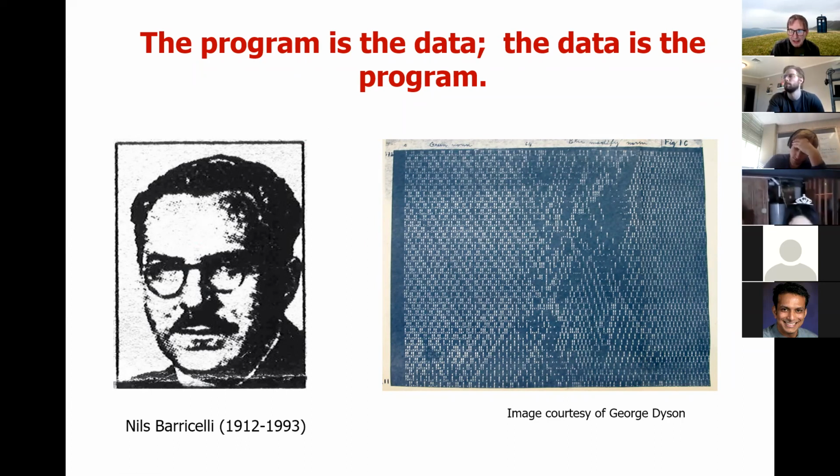He ran numerical experiments on these very simple prototype computers. It's inscrutable to know what this means, but this is one of the outputs of one of the first simple computer virus experiments that Barricelli did, looking at computer viruses and how you can make ecosystems of them and how they can co-evolve.